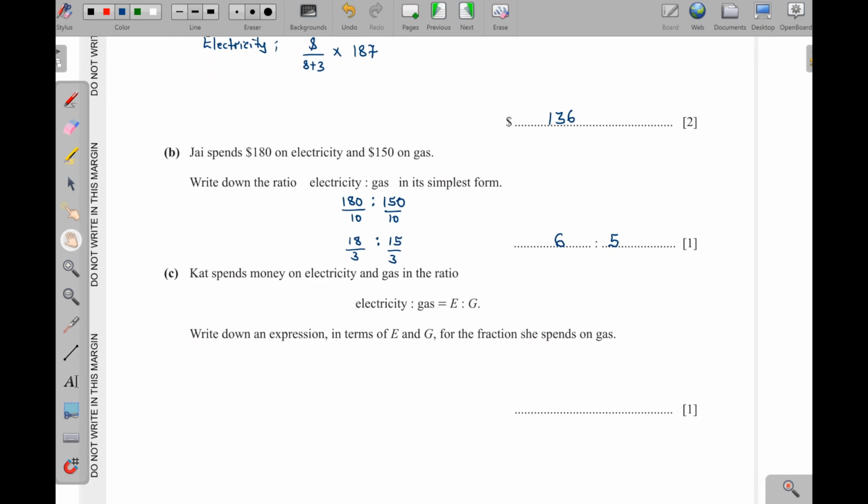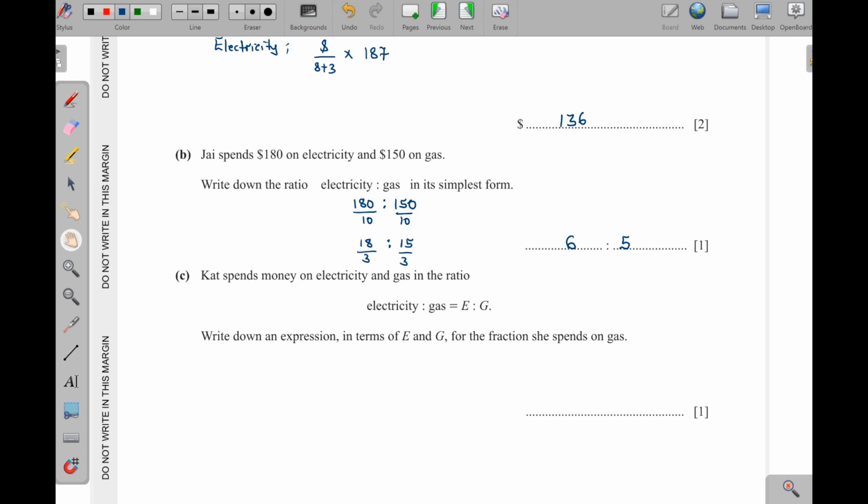Then C, they are saying Kat spends money on electricity and gas in this ratio here, E to G. And they are saying write down an expression in terms of E and G for the fraction she spends on gas. Okay. Now, when we use ratios here, we can also convert them to fractions.